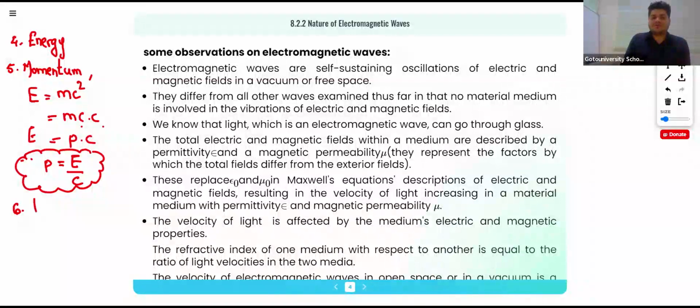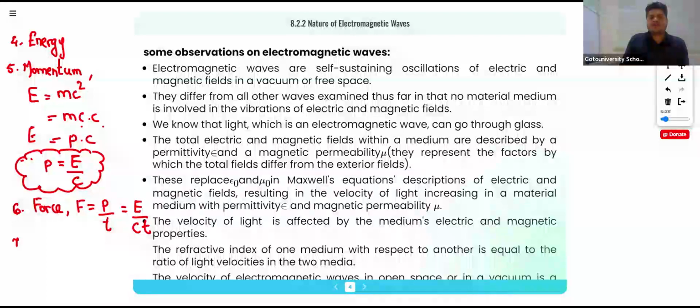Then we have force. What is force? Force is momentum with respect to time. Momentum is E upon c, so force is E upon c into t.